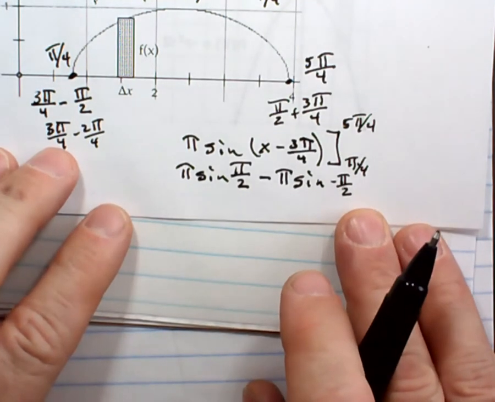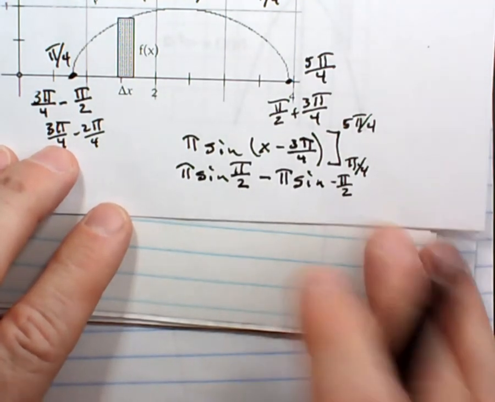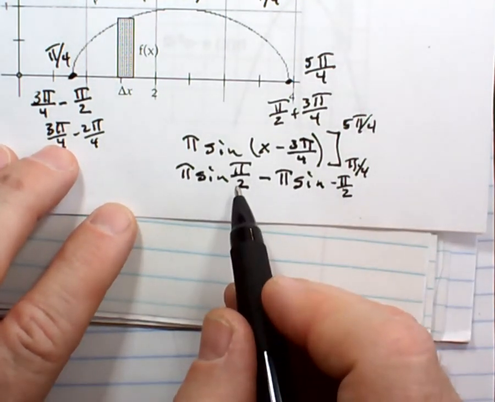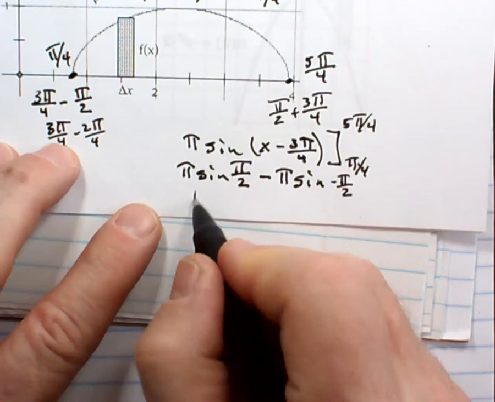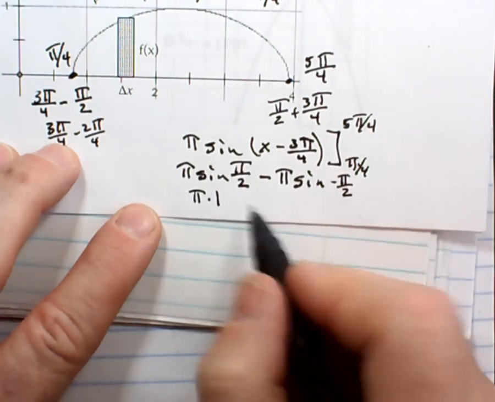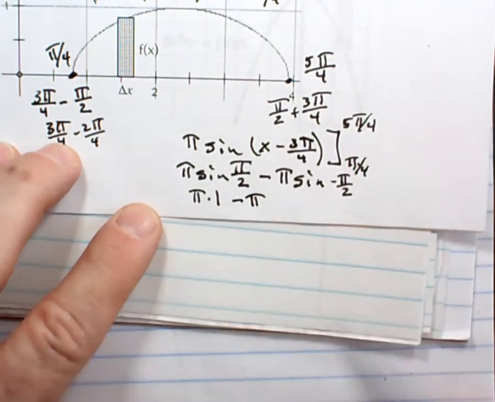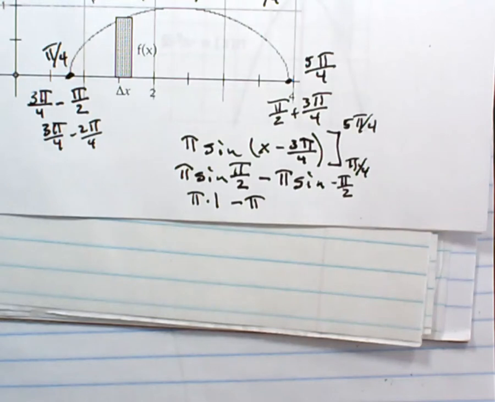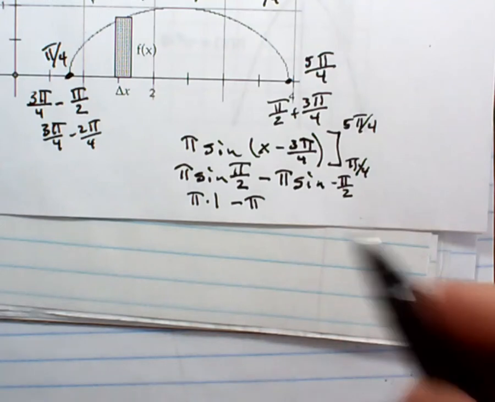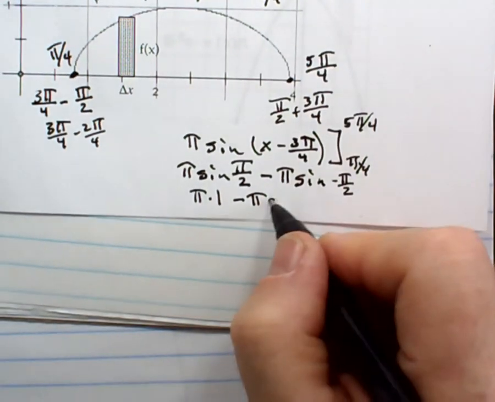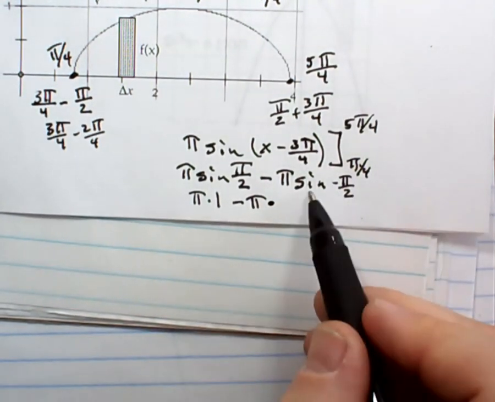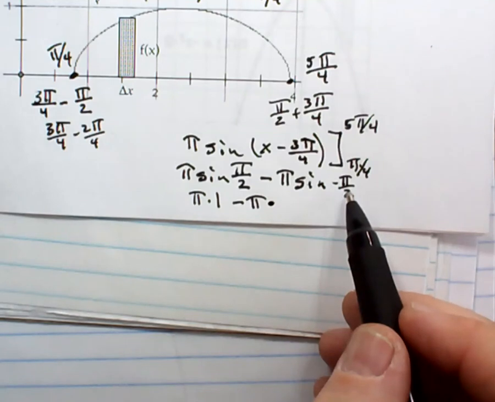I haven't lost anybody yet, have I? Okay, what's the sine of pi over 2? Do you know? 1. So this is pi times 1 minus pi times, well, what's the sine of a negative pi over 2?